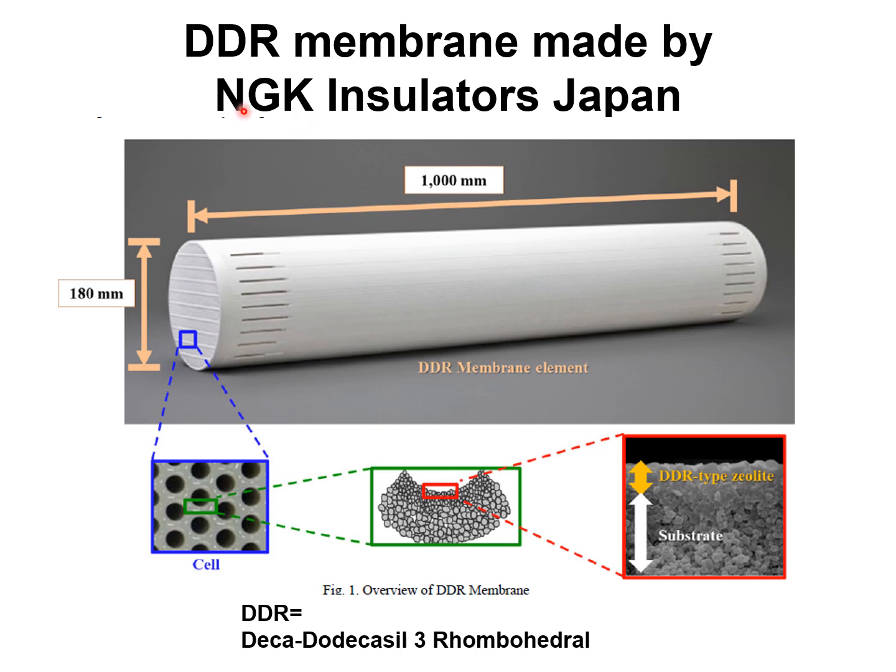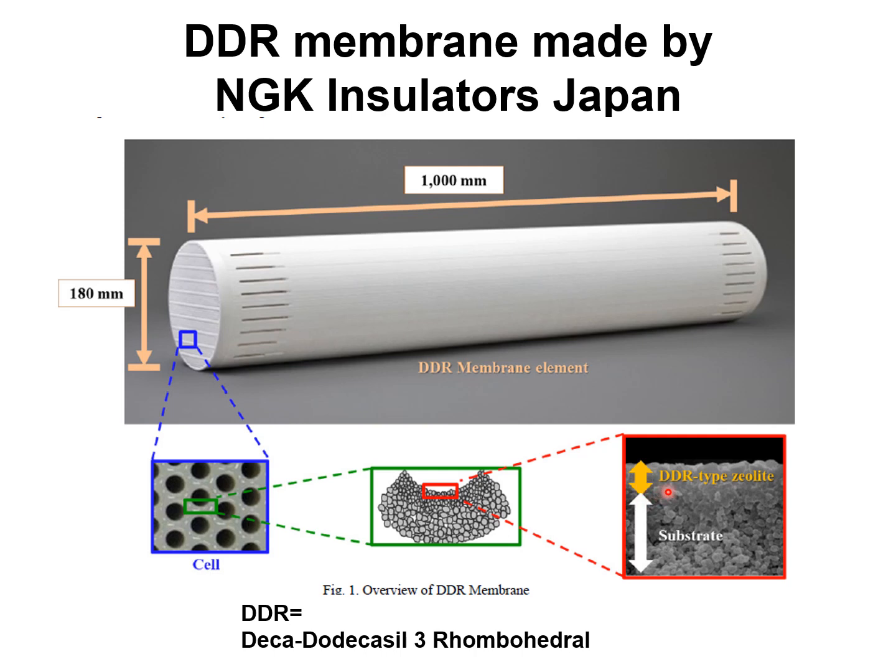The company called NGK Insulators in Japan offer membrane modules which have a monolithic structure, and the inner walls of the tubes are coated with a thin layer, typically about 20 micrometers in size.